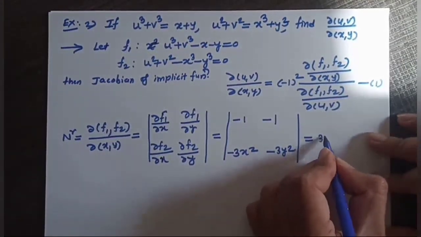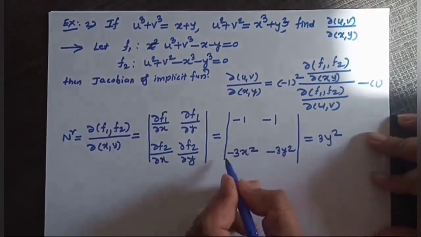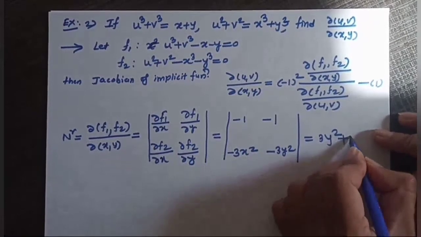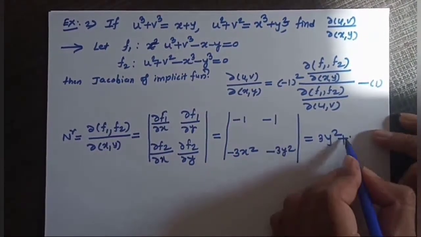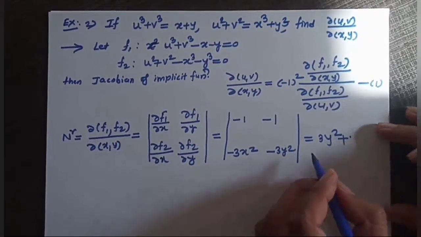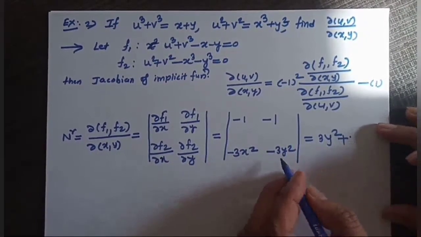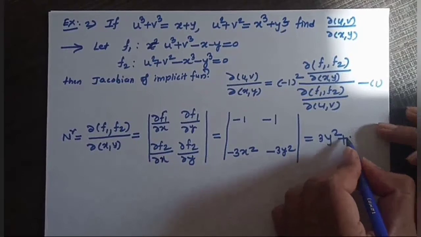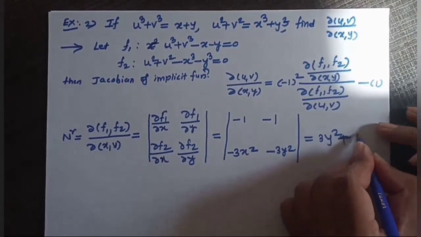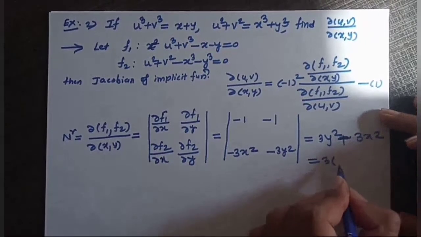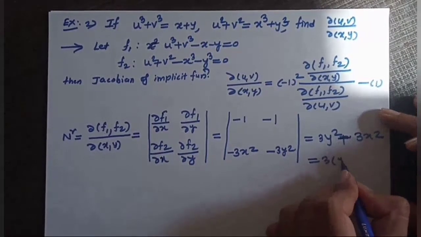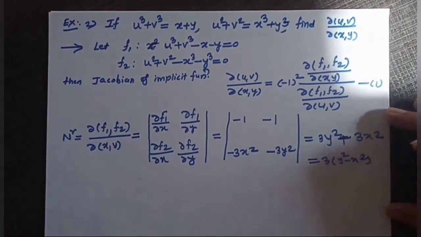It is 3y square, minus minus becomes plus, and then again a minus sign, it is 3y square minus 3x square. So finally, you can write 3 times (y square minus x square). And this is the numerator.